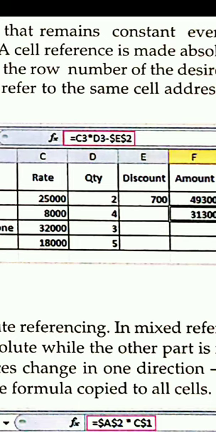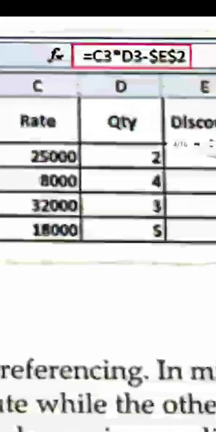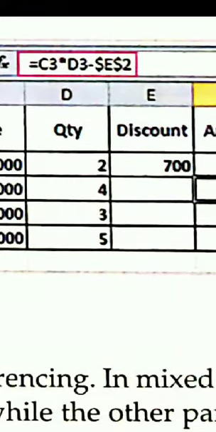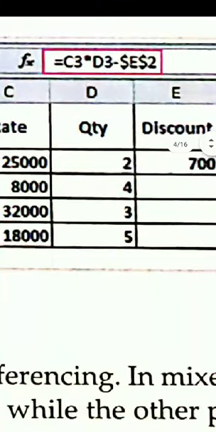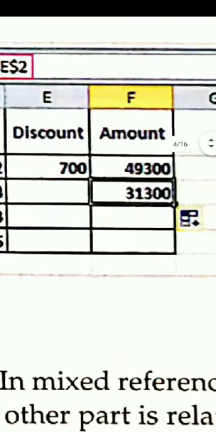This is C3 into D3, and we want to subtract from C3 into D3. C3 into D3 means 8,000 into 4, that is 32,000, and from 32,000 we have to subtract 700, so that will remain 31,300.